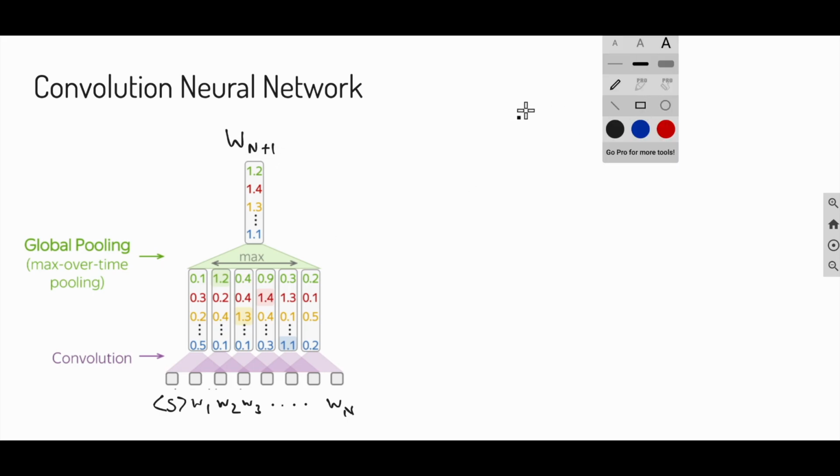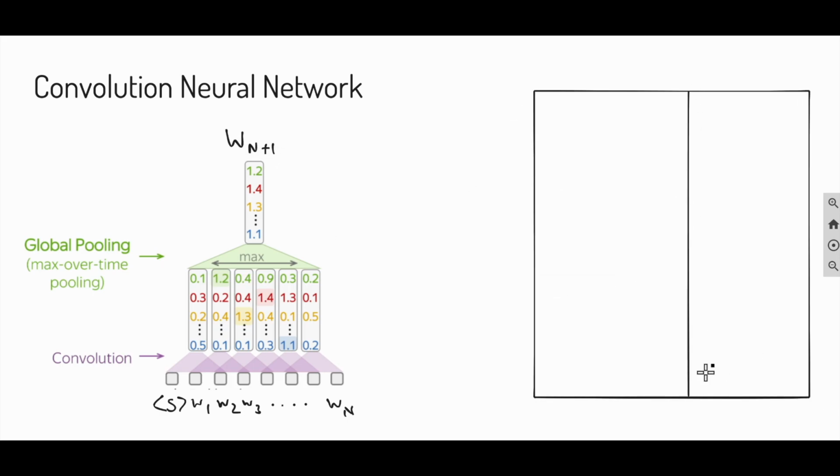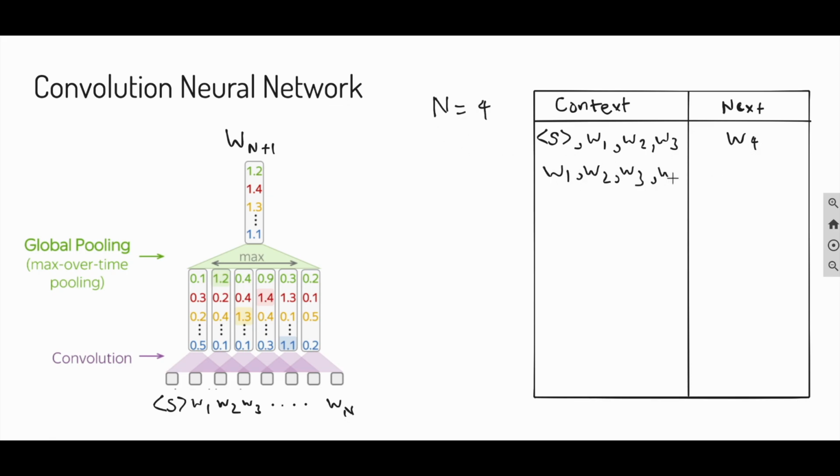As convolution networks cannot handle variable size inputs, we'd have to set an n value before training, just like we did with n-gram models, and then generate the training data. However, as there is no hidden state vector like with recurrent neural networks, we can train on these examples in parallel.